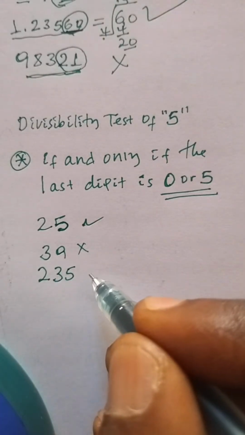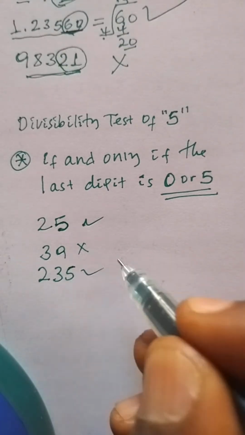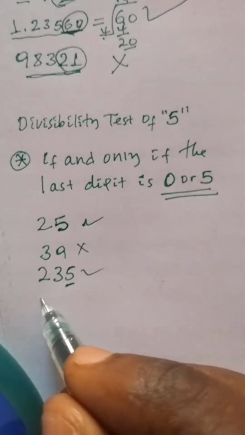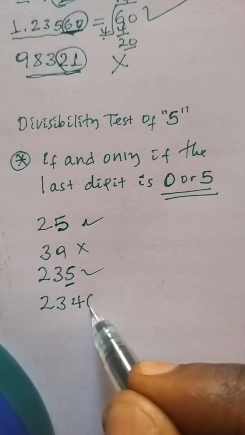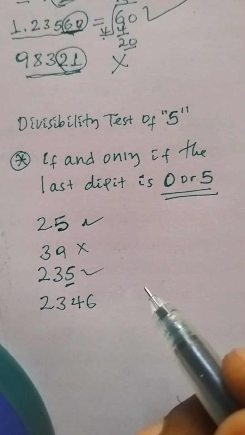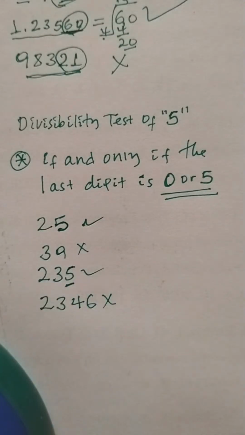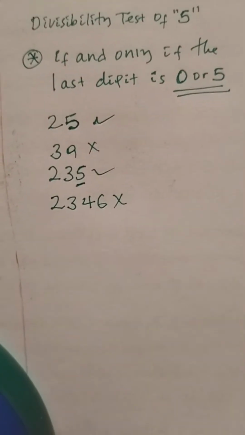Is it divisible by 5? Yeah, because the last digit is 5. Let's take 2346. Is it divisible by 5? No, it is not divisible by 5 because the last digit is not 5 or 0.